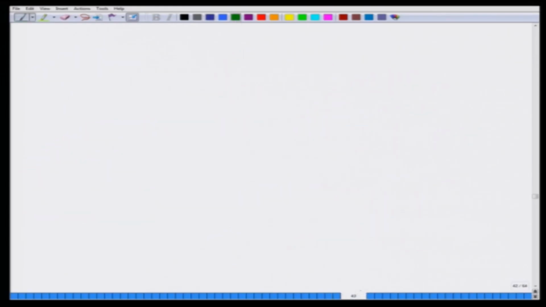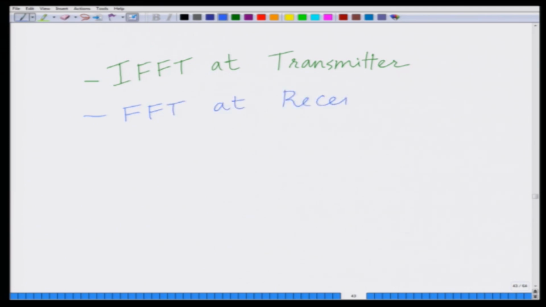So, what is the key step in the OFDM? That is IFFT at the transmitter, correct, and the FFT at the receiver.